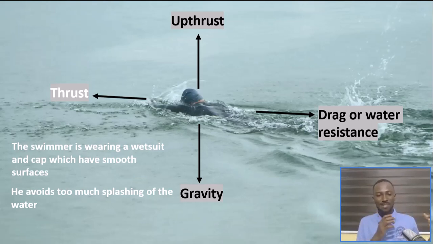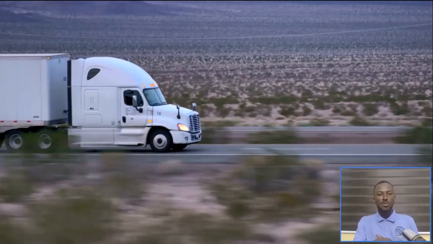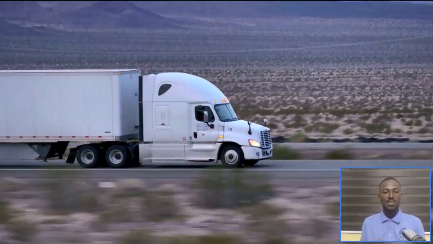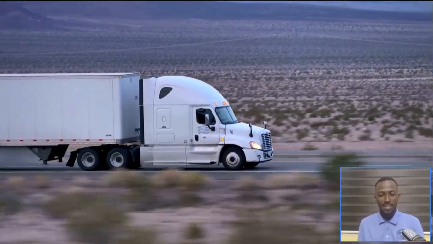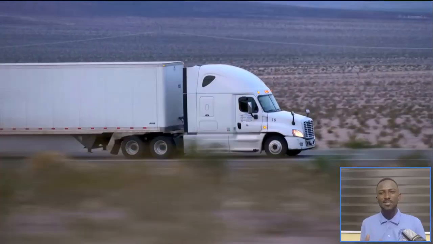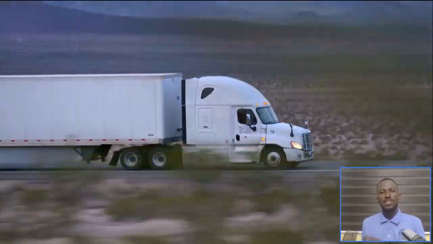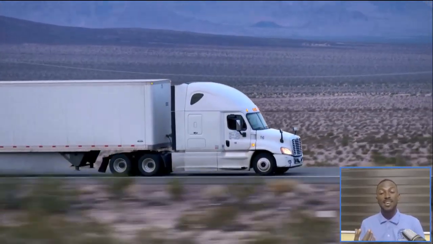Now, human beings have actually learned a lot from the streamlined bodies of animals, and we've applied that knowledge when it comes to swimming and when it comes to the design of vehicles. So if you look at this truck, it is moving on a highway at a very top speed. The truck is designed in such a way that it makes it easy for it to overcome air resistance. What do we mean by air resistance?